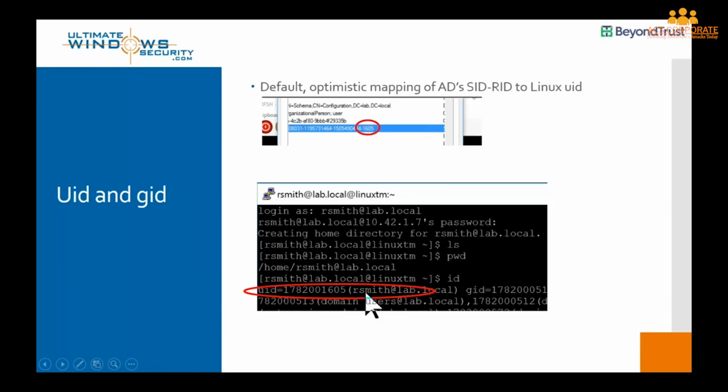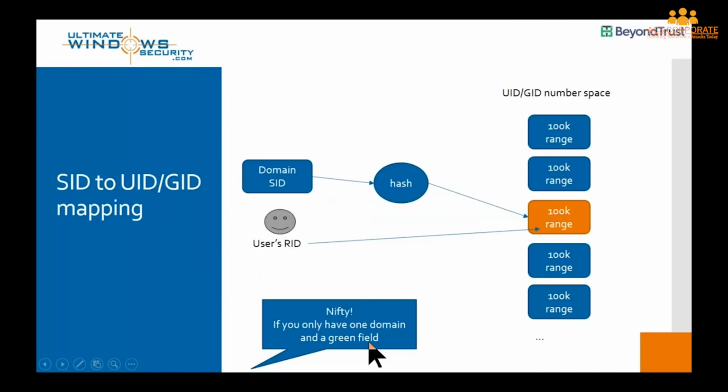And what that means is it uses this algorithm to optimistically map across the way that it has cut up the UID number space. Here's what I'm getting at. What SSSD does, at least on CentOS, is take your UID number space and divide it into a number of ranges, each one of 100,000 possible numbers. Then it takes your AD domain SID and hashes it, which is an index to one of those 100K ranges.